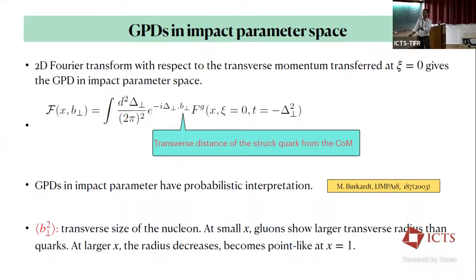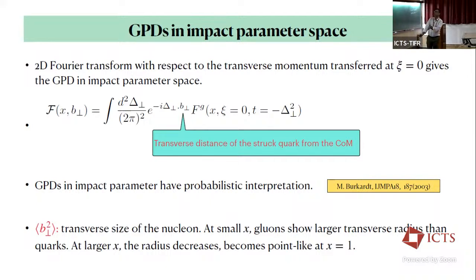For example, b perp squared gives you the transverse size of the nucleon. At small x, what we found is that the gluon has a larger transverse radius than the quarks. But as x increases, that radius shrinks, and at x equal to 1 it becomes like a point.